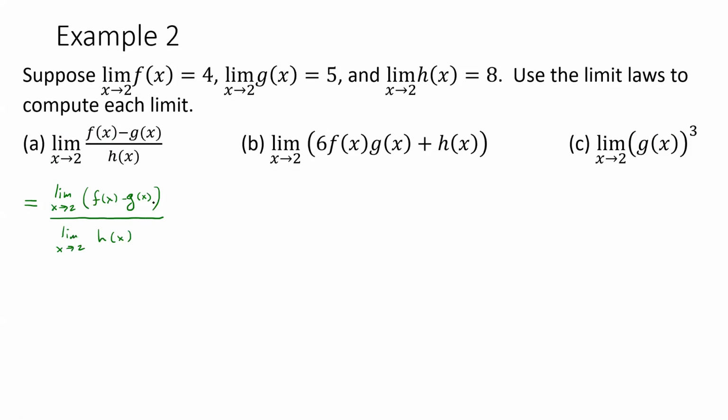And by the way, I can do this because here we know that h of x is not 0. That's important, right? It's 8, it's not 0, so that's good. And then the other law says that I can take the limit as x approaches 2 of f of x minus g of x and apply it to each of those terms separately as well.